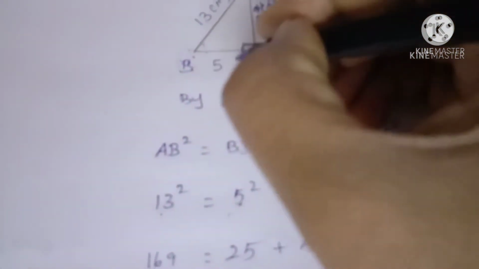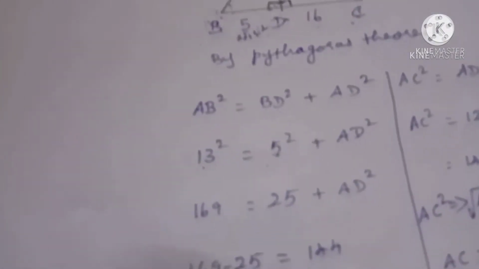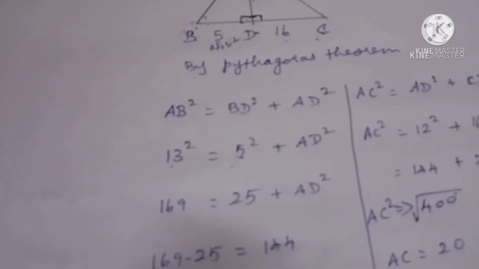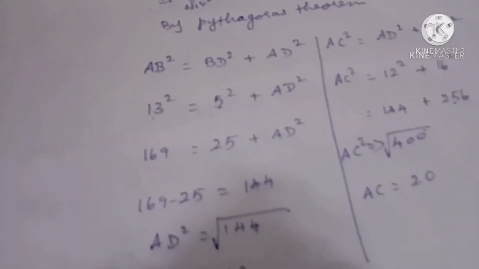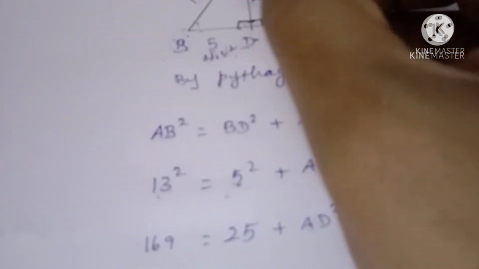Opposite to theta is the opposite side, and the remaining is the adjacent side. So now sin B. Sin B is opposite side by hypotenuse. What is the opposite side? If you take the triangle ABD, the opposite side is 12, the hypotenuse is 13. Therefore, sin B is equal to 12 by 13.